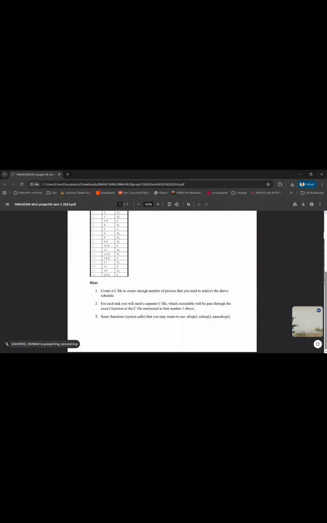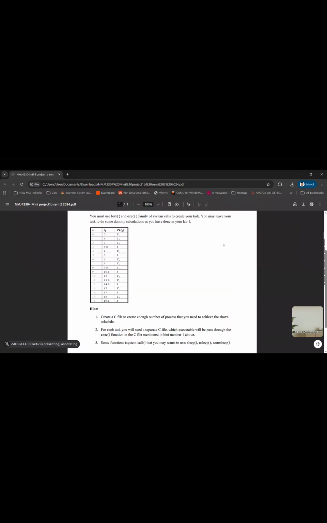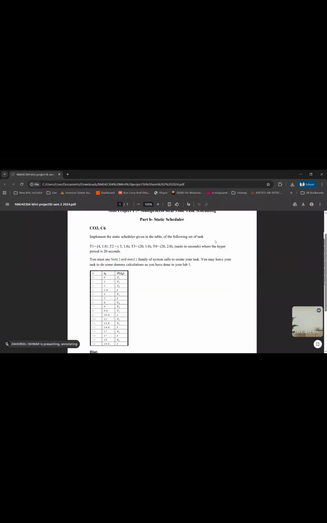If you read the lab sheet, it says we have to implement the static scheduler, which is the first scheduler that you learned in lecture. Given in the table. In fact, this table is the same table that we discussed in lecture, of the following set of tasks.